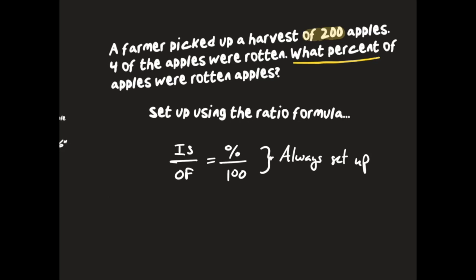So I would definitely have to start off by putting my 200 there where it says of. The next thing is the part that I have underlined. It says what percent of the apples were rotten. So the percent is what we're trying to find. That means the 4 is the number that represents is.